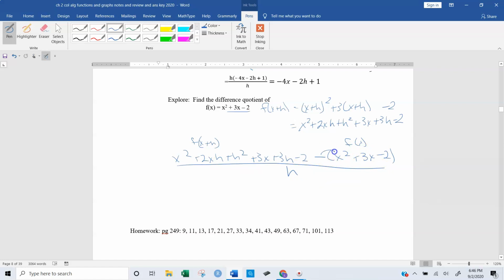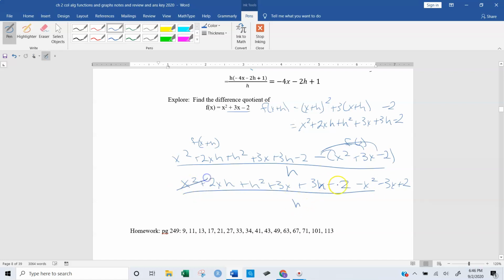So next, we're going to distribute the negative through. So I have nothing changes on the first, x squared plus 2xh plus h squared plus 3x plus 3h minus 2 minus x squared minus 3x plus 2, all again divided by h.